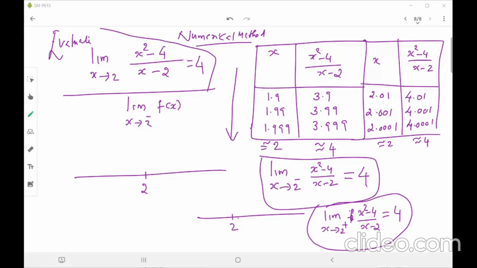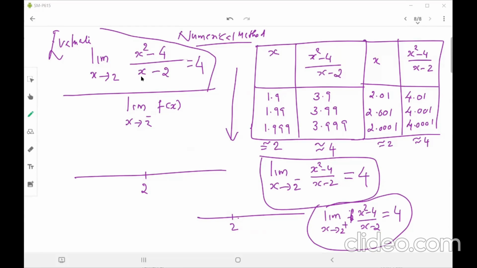That we will study as a different method to evaluate the function, whenever it is reducible to that form. But whenever the function is given as x square minus 4 by x minus 2, what we can say is the function is not defined at x equal to 2.